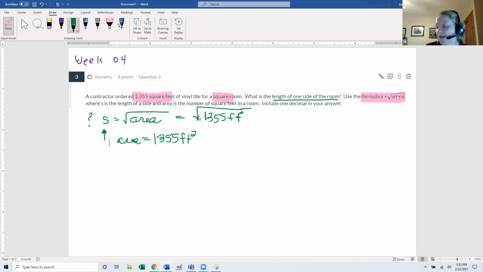And you take the square root of 1,355. 1,017.8225. Something's weird. So are you using your phone for your calculator? No. You're using a regular calculator? Yeah. Do me a favor and hold it up to the camera.